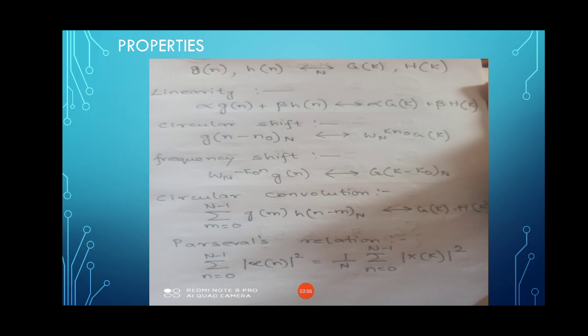But here we know there is a limit in the band of vision of DFT. We cannot move beyond 0 to N minus 1. So the limit in our circular convolution will be m going from 0 to capital N minus 1, g of m, h of (n minus m), but due to circular shift you have to use a modulus N. This is our new convolution formula for circular convolution.